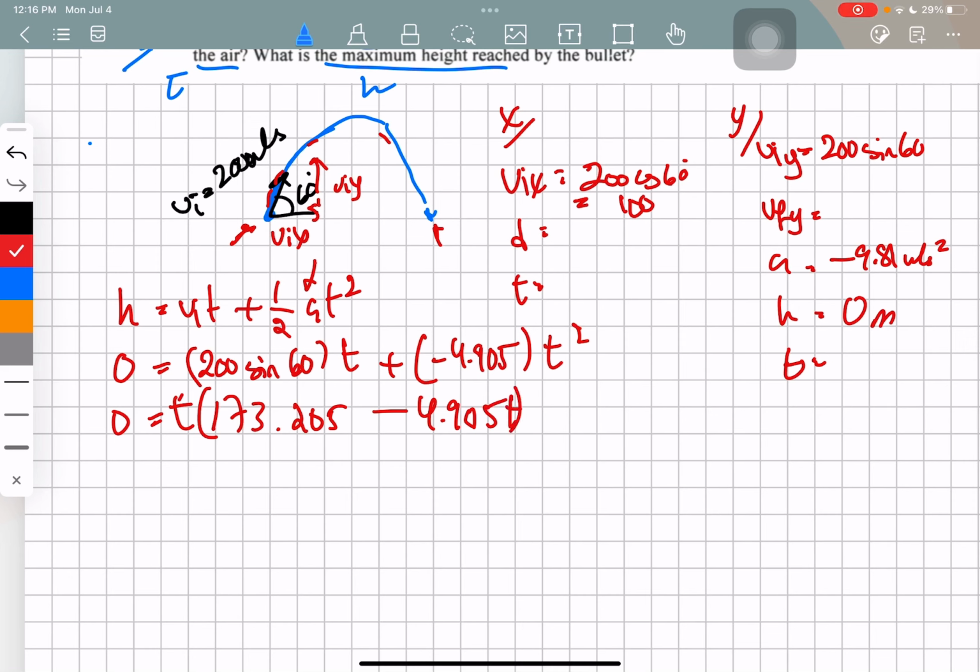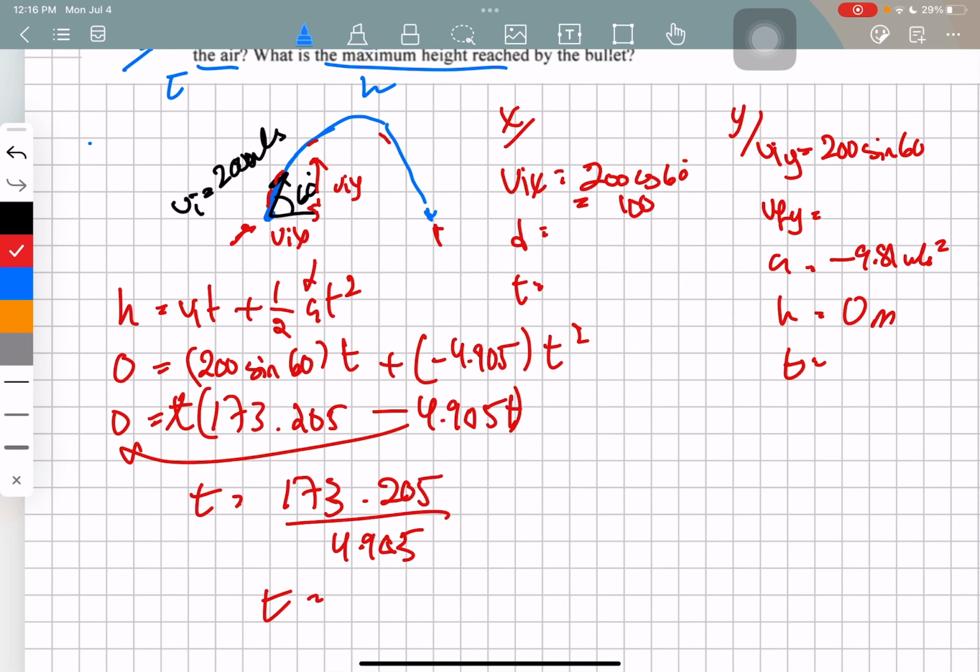Divide by t, move this over, and then divide. So t is equal to 173.205 divided by 4.905, which is about 35.312 seconds. And so here is your time.